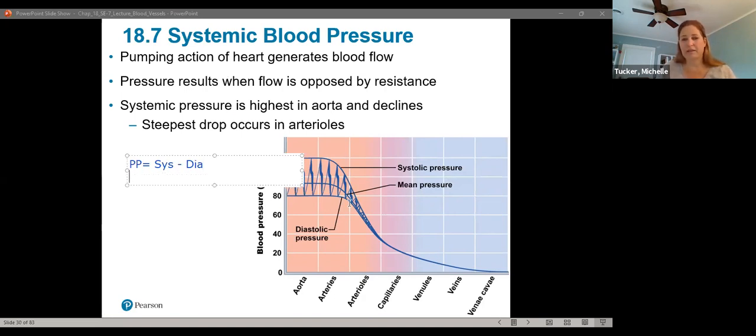And then mean pressure. At first, I thought this was a typo until I realized it was referring to this darker blue line. Mean pressure generated by the heart as a pump is not an average between systolic and diastolic.